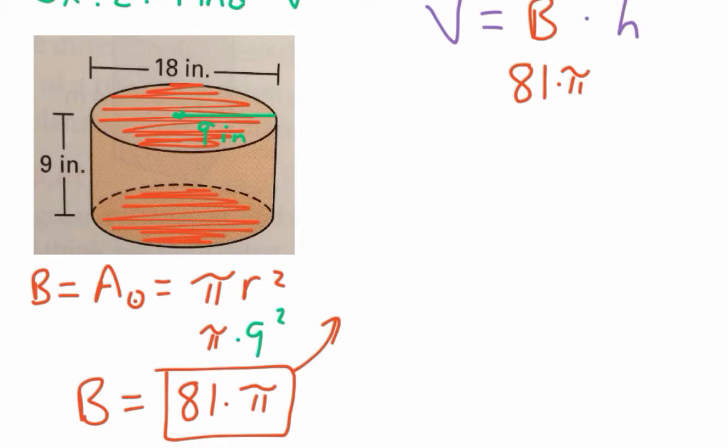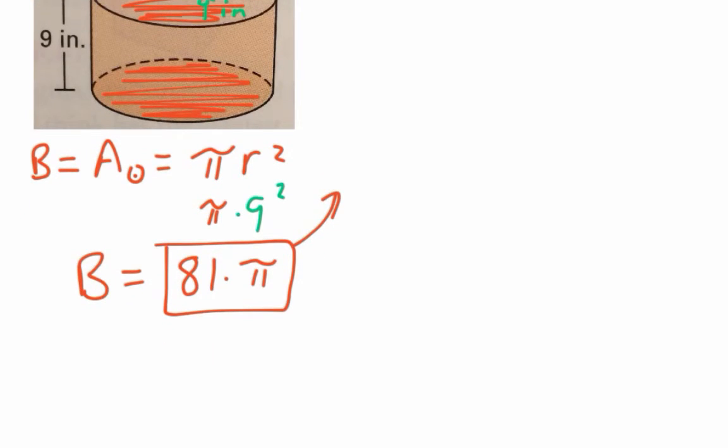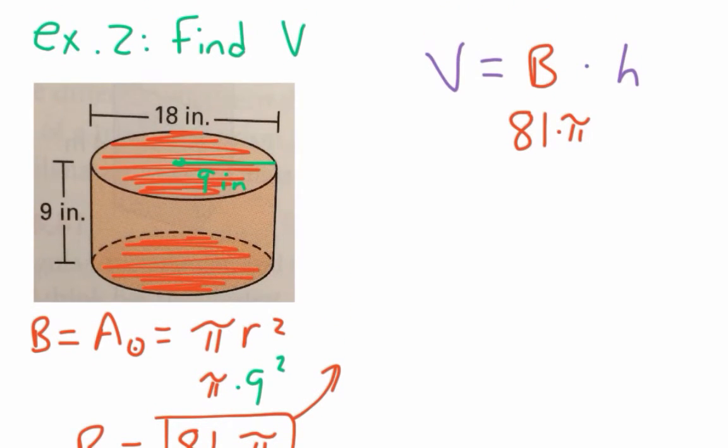Or if you wanted to, I suppose you could punch it into a calculator and get 81 pi is, where's that in? So 254.469. So you could take and put that number into this top equation if you wanted to.